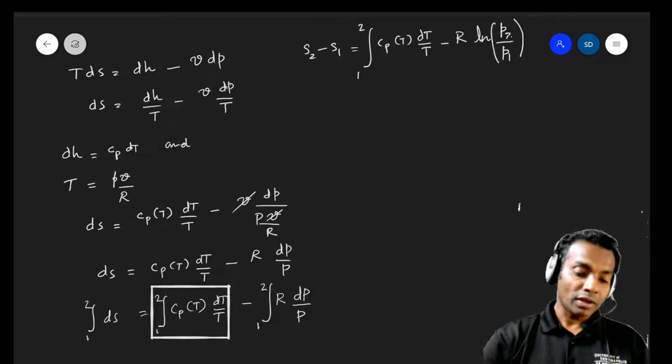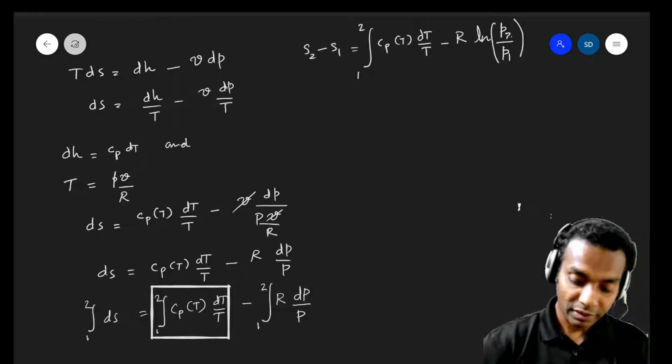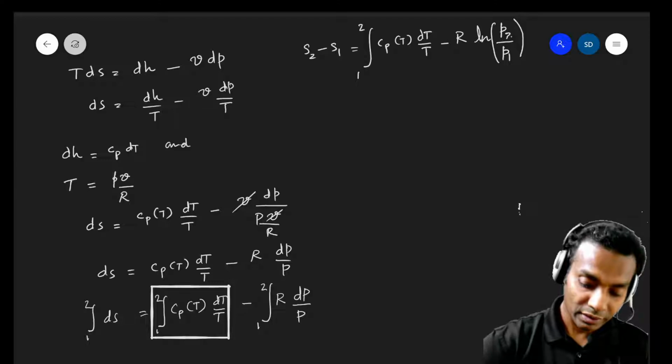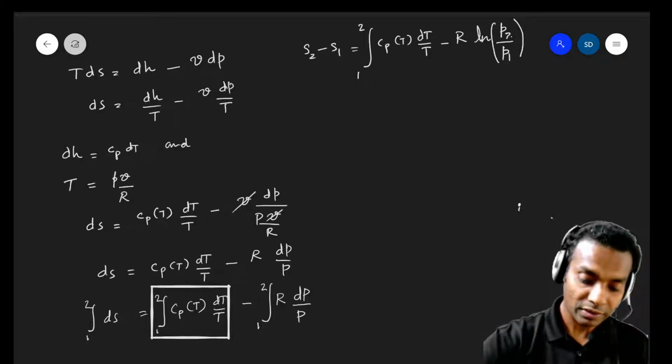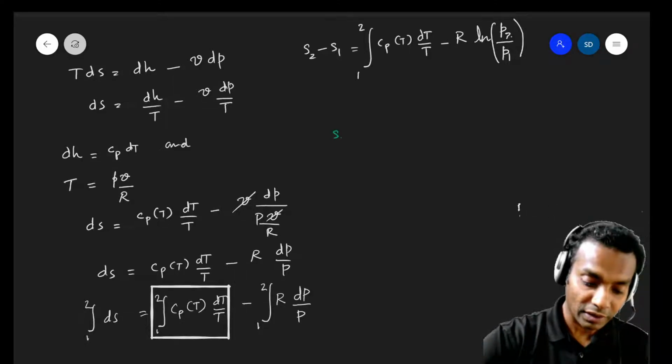So now we have two different equations to find the entropy change of an ideal gas. First one is S2 minus S1 equals the integral from 1 to 2 of cv(T) dT over T plus R natural log of V2 over V1.